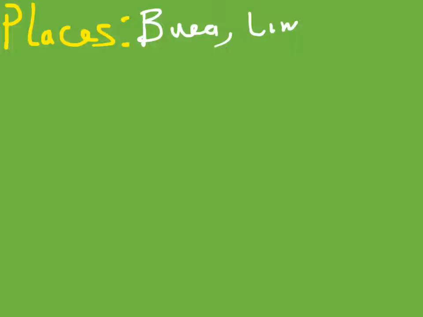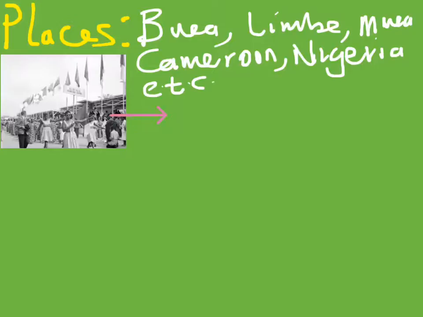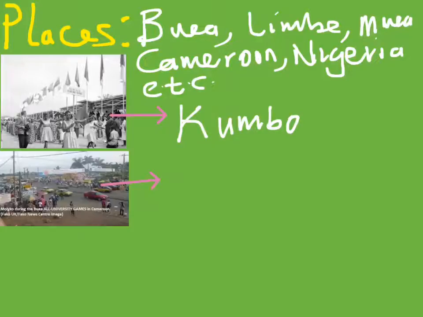Let's look at nouns that name places such as Buea, Limbe, Muya, Cameroon, Nigeria. All of them constitute nouns. They name places. Maybe this place is Kumbu. You call it Kumbu. The word Kumbu is a noun because it is the name of a place.